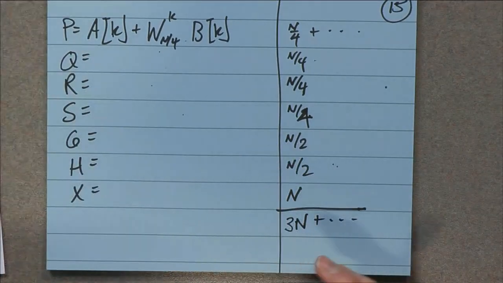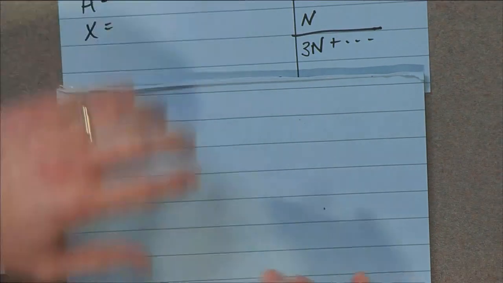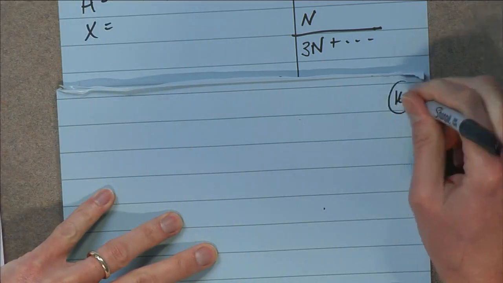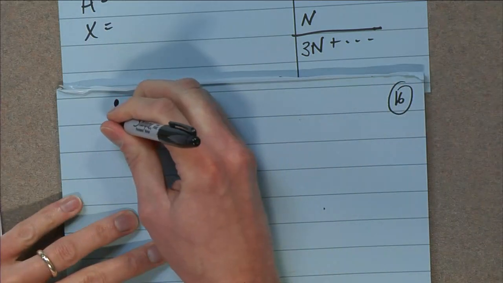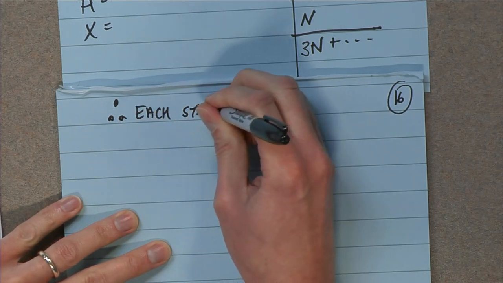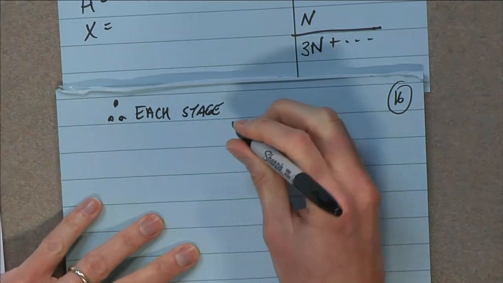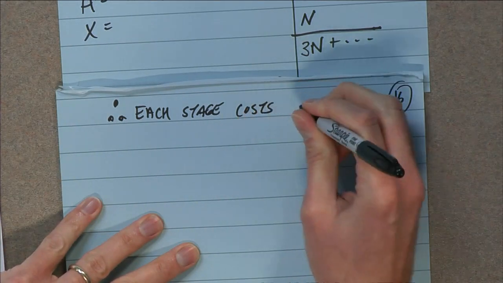Now, what turns out is that if you have this process going all the way down to a 2-point DFT, what are we seeing? Each stage, just to reconstruct that DFT for the next level, costs n complex multiplies.